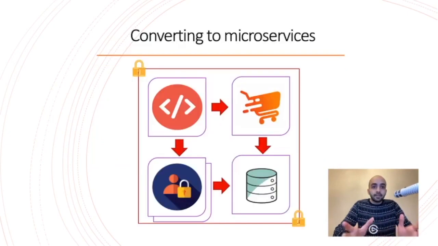Now let's change this one to microservices base. So as you see here, we have each of these components in different VMs or Docker images or even pods. That's a Kubernetes word. So we have a front-end component, we have an authentication component, we have cart, and we have DB.